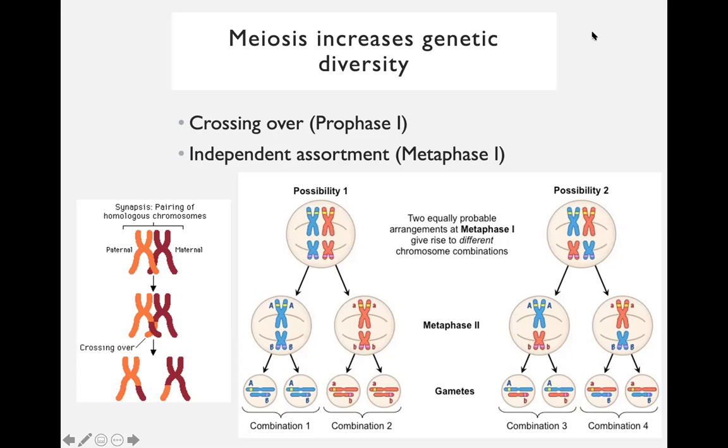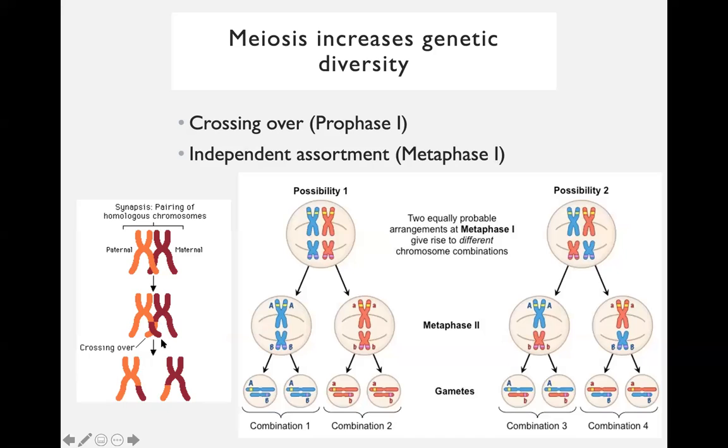Crossing over is one example of where that can happen, and that is diagrammed over here on the right, where you have the paternal and the maternal DNA pairing up and then switching sections. It's aptly named crossing over, and they actually switch segments of their chromatids with each other.